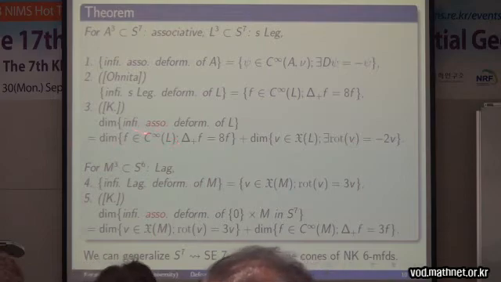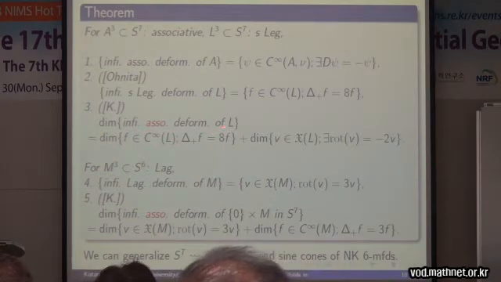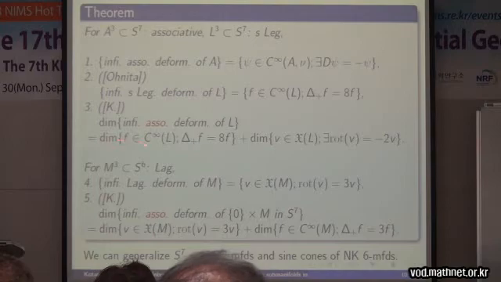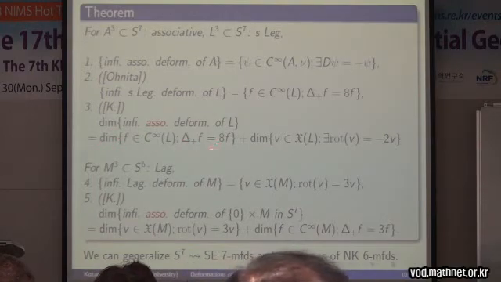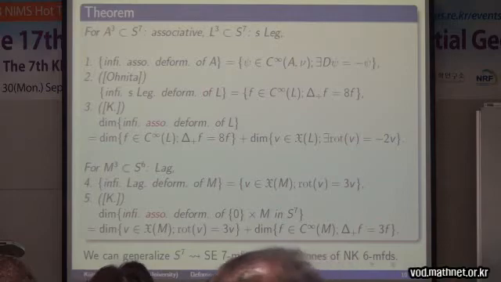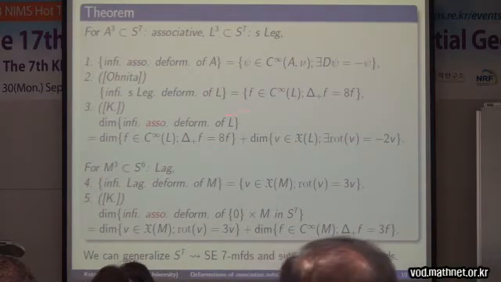And the infinitesimal associative deformation of L is equal to the dimension of the 8 eigenspace of the Laplacian. This space is the infinitesimal special Lagrangian deformations of L. So the difference between special Lagrangian and associative deformations is given by this second term.